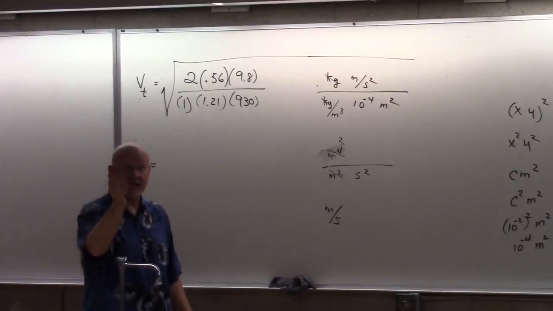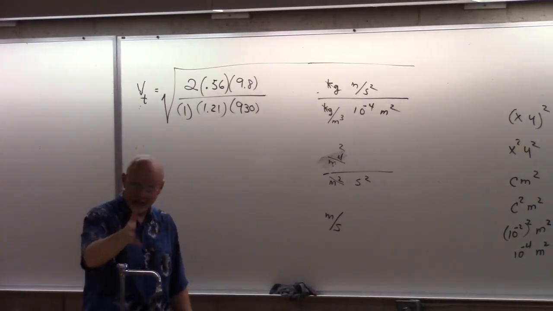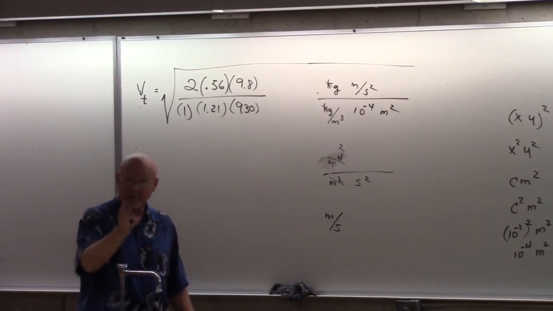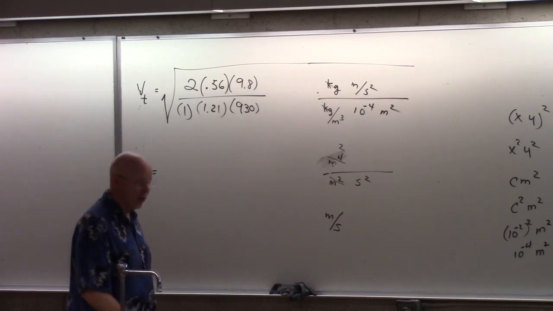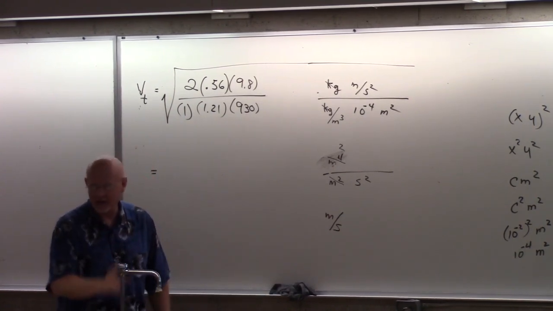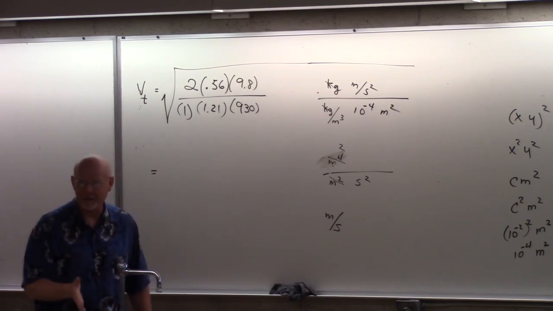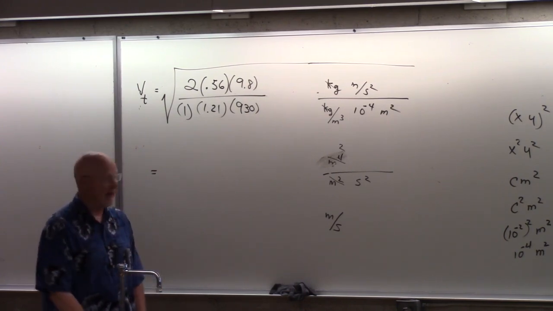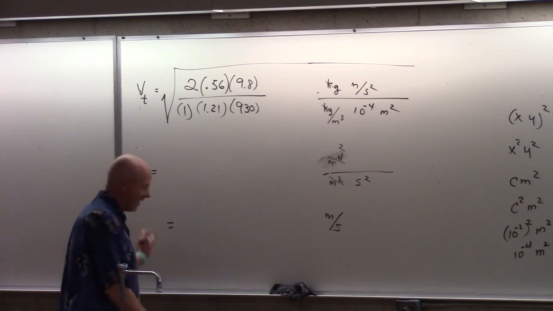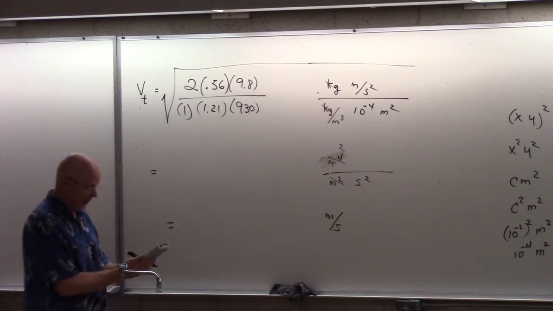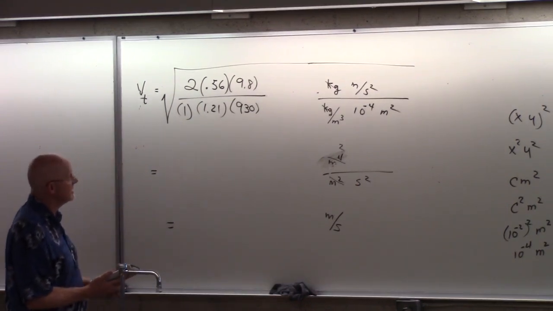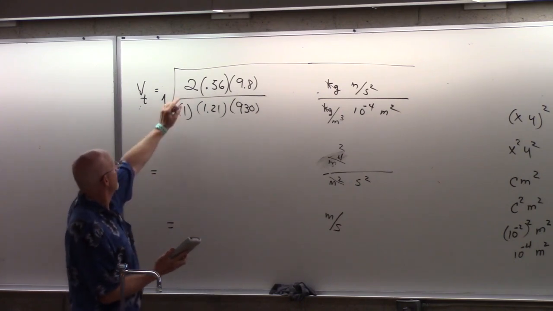If my units didn't come out in meters per second because they're asking for a speed, I must have done something wrong. And so fortunately, with all these units and all this work, now that we're getting to some really hard stuff, the units match. And so the last step, and we'll get out of here for the next class, is let's put in my numbers.